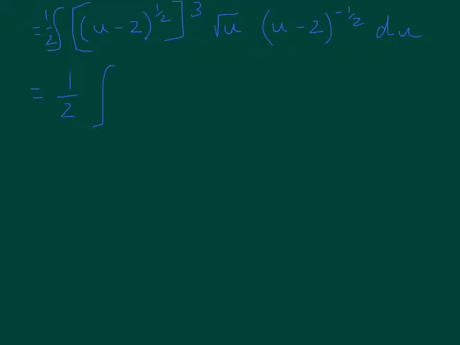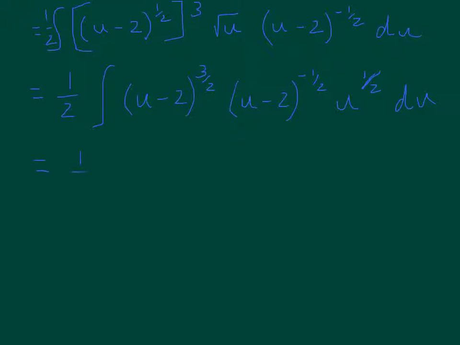So this will become U minus 2 to the 3/2, and then here we have U minus 2 to a negative 1/2, and then let's rewrite our square root of U now. That's U to the 1/2 du. Okay, this is starting to look a little better.